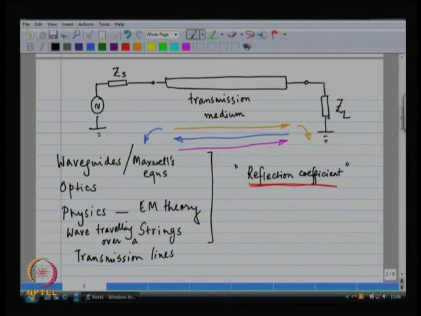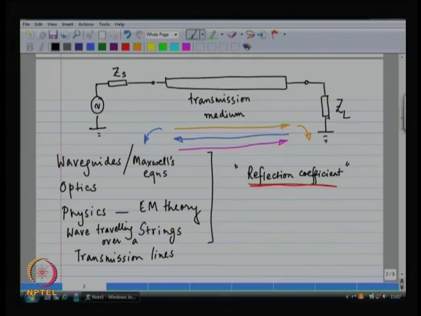Now, there is also this business of the reflection coefficient. If you transmit something and it hits a wall, part of what you transmitted is going to be absorbed by the wall, part of it is going to be reflected by the wall. The ratio of what gets reflected to what was transmitted is the reflection coefficient. Okay.